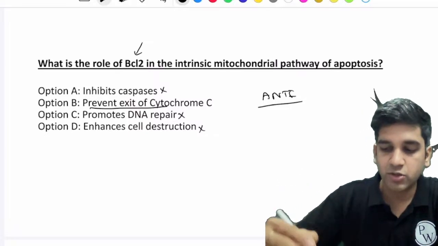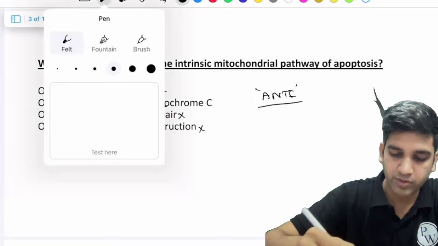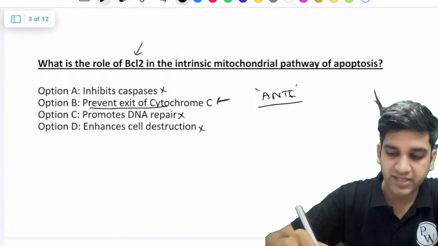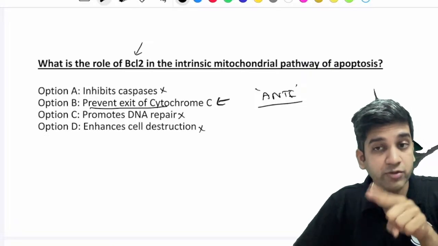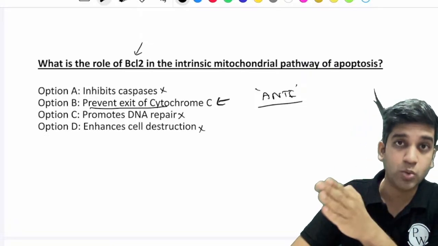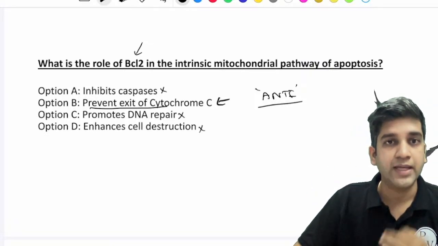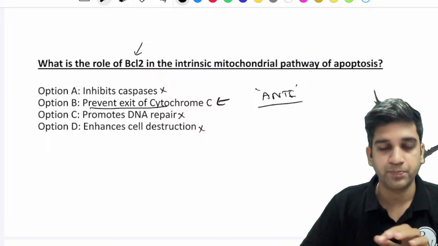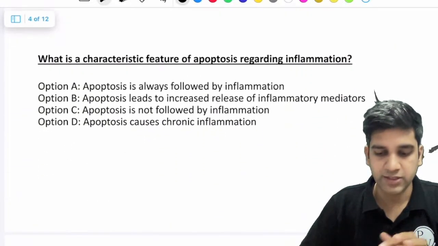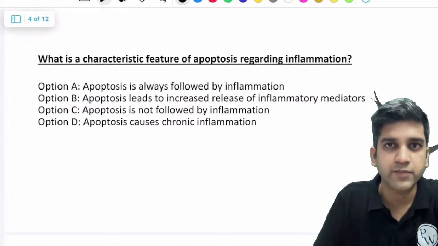So BCL2, an anti-apoptotic protein, prevents the exit of cytochrome C. APAF becomes active when cytochrome C comes out to the cytoplasm. Inside the mitochondria, the function of BCL2 is to help in ATP production. Okay? Next question.